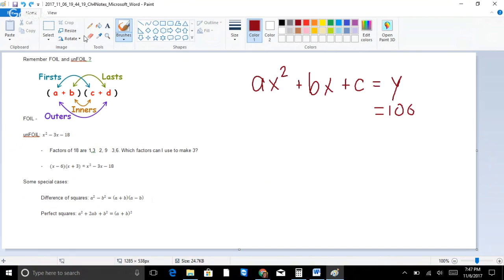First of all, this is our quadratic equation. The technique we learned was something called FOILing, where we were able to multiply linear terms together, and we also talked about breaking them down into terms.